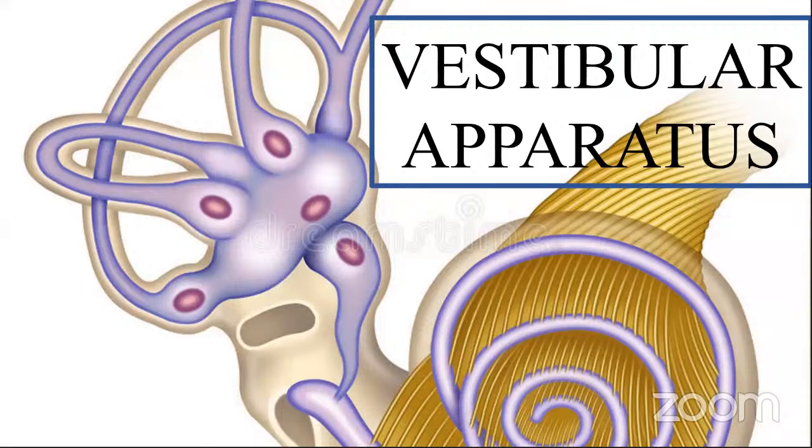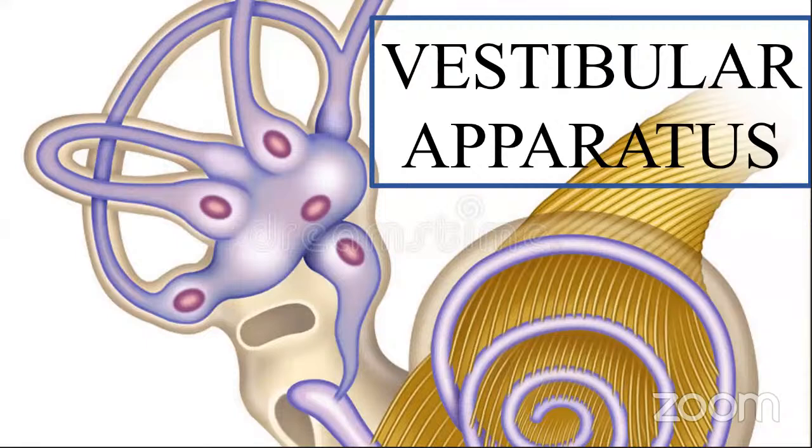So, the vestibular apparatus and cochlea, these are closely related. The bony structure that is enclosing the vestibular apparatus is known as the vestibule.